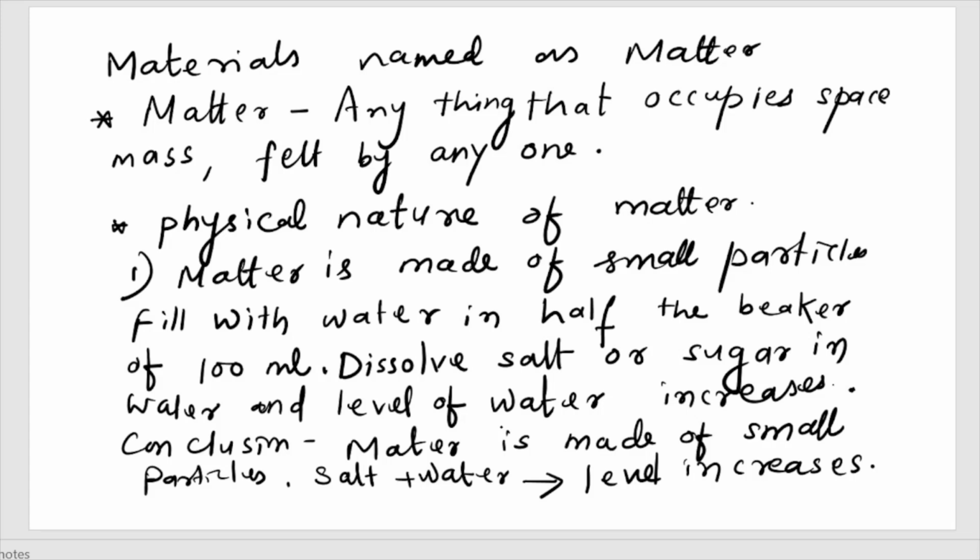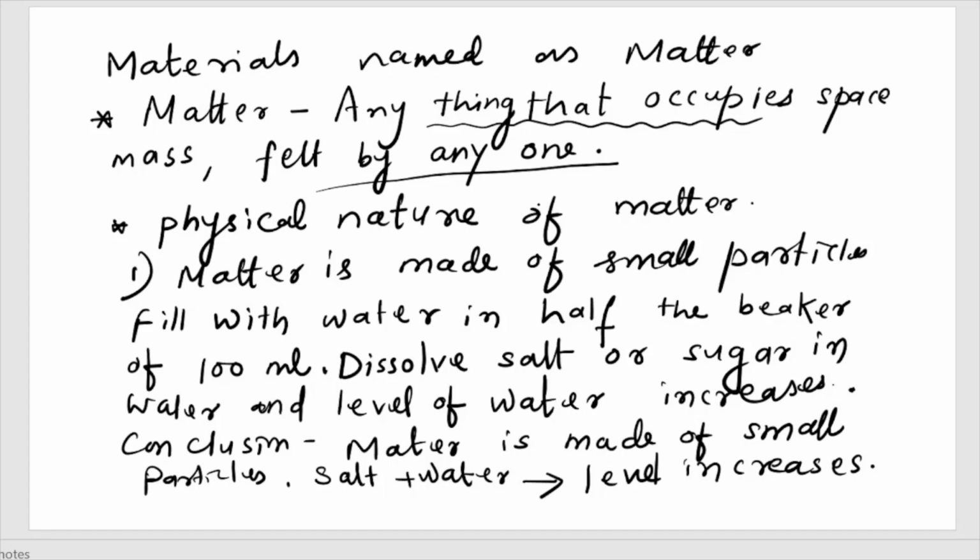And matter means anything that occupies space and has mass. If you can feel that something is there, and you can say it occupies space and has mass, then it is matter.